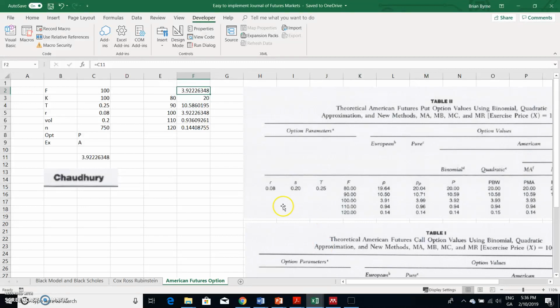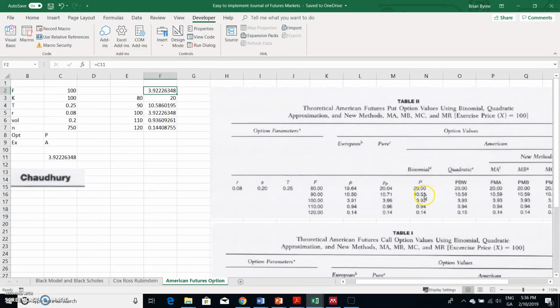Okay, so what we have here is parameter values, F and K are both 100, T is equal to 0.25, R was equal to 8%, so the risk-free rate was 8%, volatility 20%. What's the value using a binomial? And again, this is for the American option.